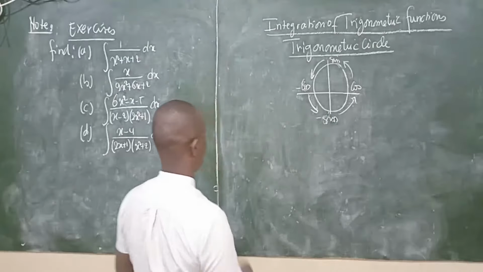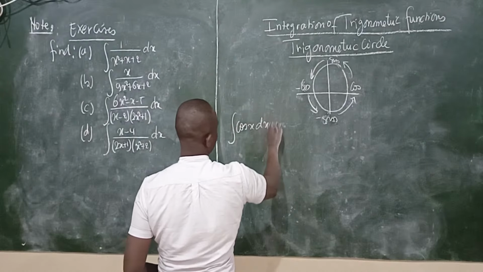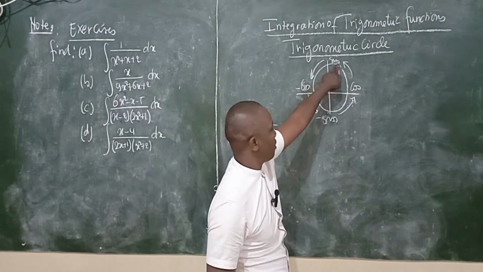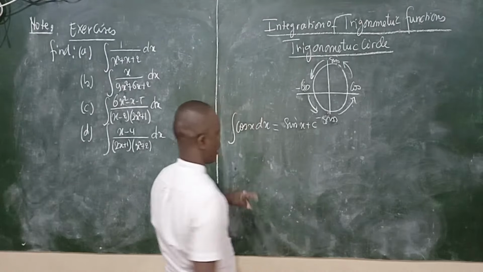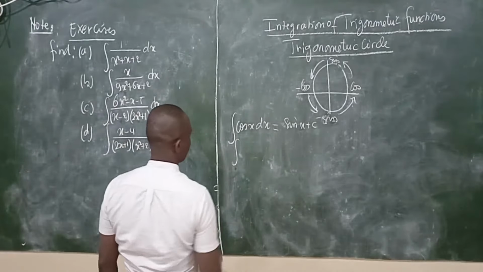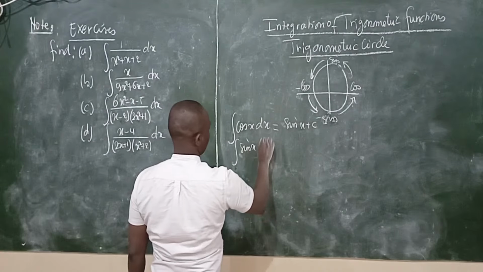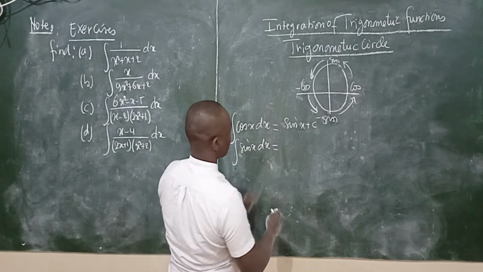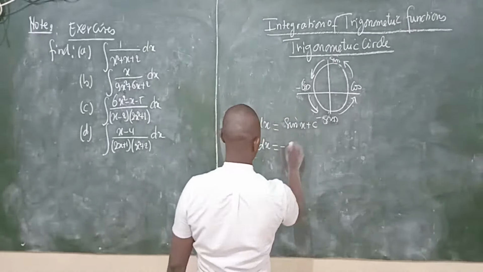This means the integral of cosine x dx must be sine x. Do not forget to add the constant of integration. The integral of sine x dx gives minus cosine x.